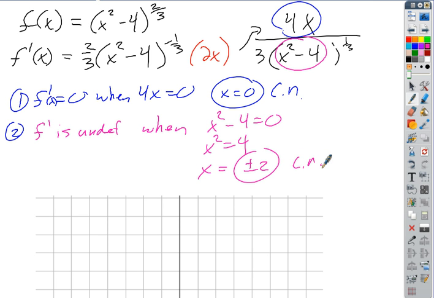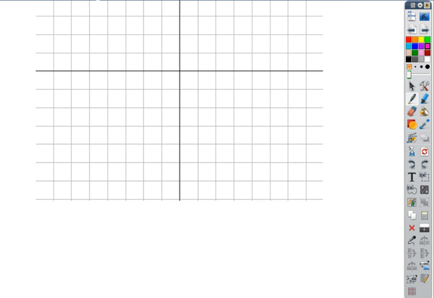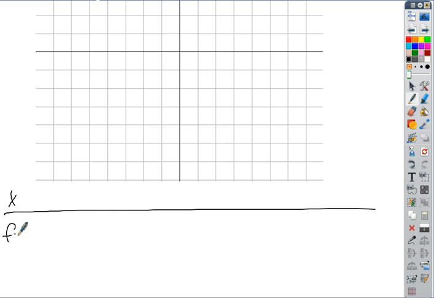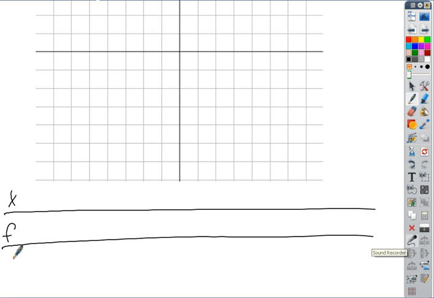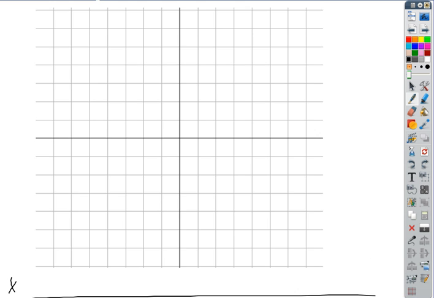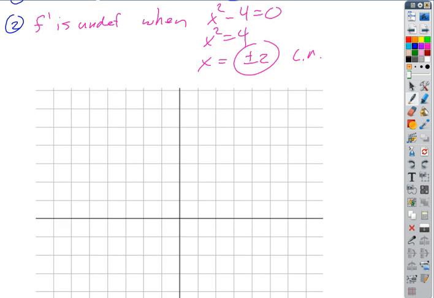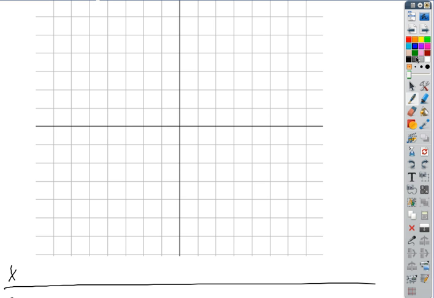Good. So now let's put these on our table. I'm going to make a table down here. We have x, f of x, f prime of x. The x values that were interesting were 0, and plus or minus 2.